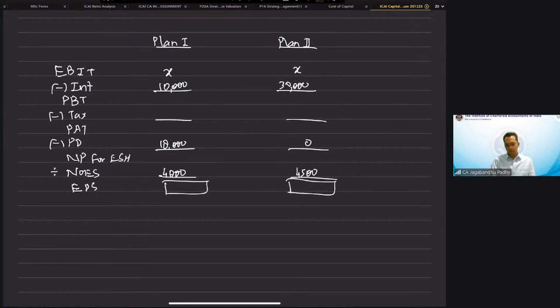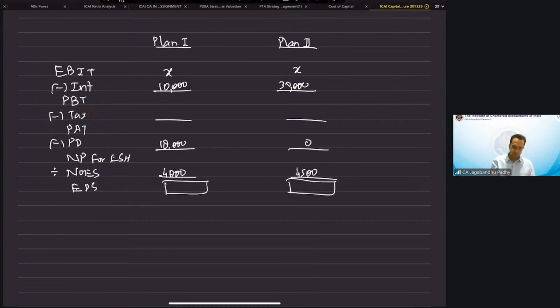Just think of it and try to calculate the EPS, guys. I mean, the level of EBIT, which is at X, which will make EPS of both the plans to be equal. Just give it a try. Tax rate, again, the same.